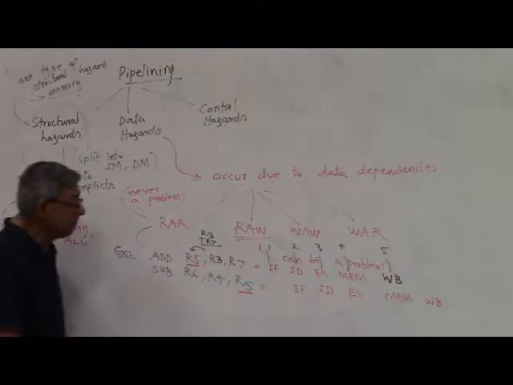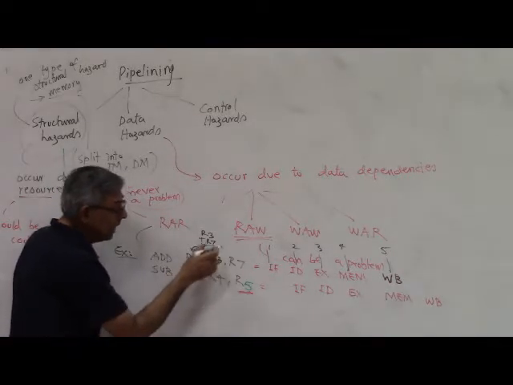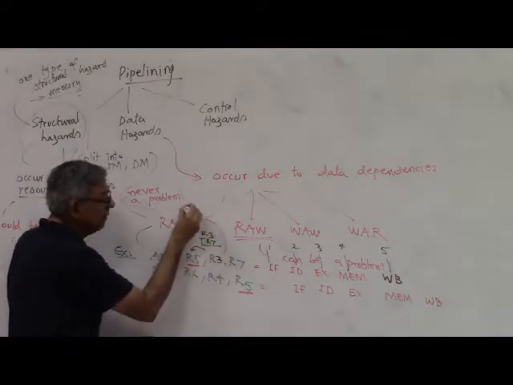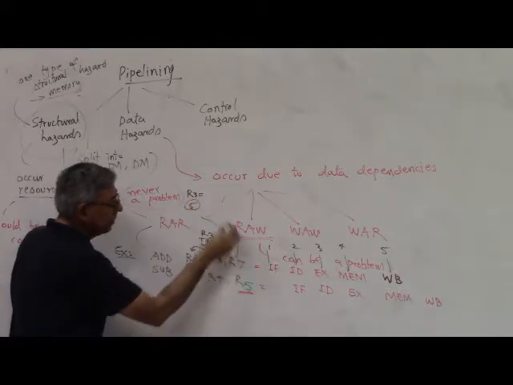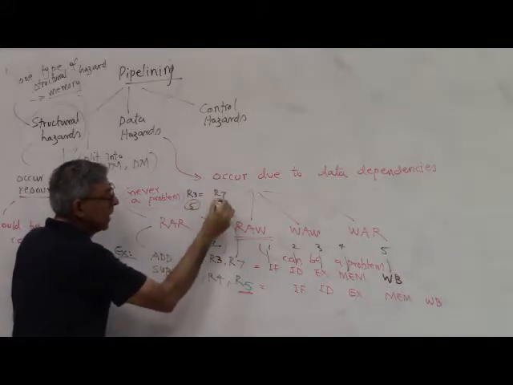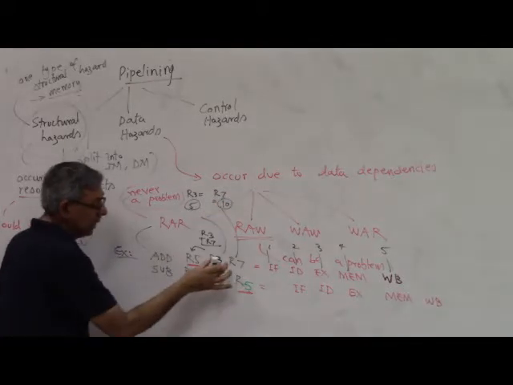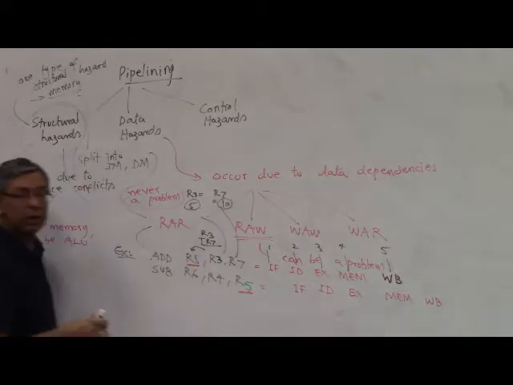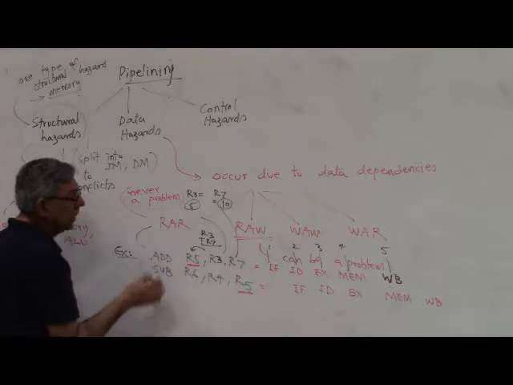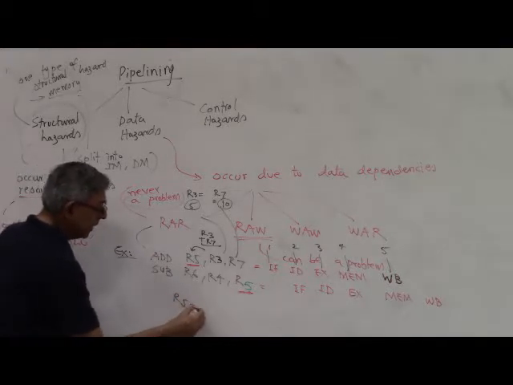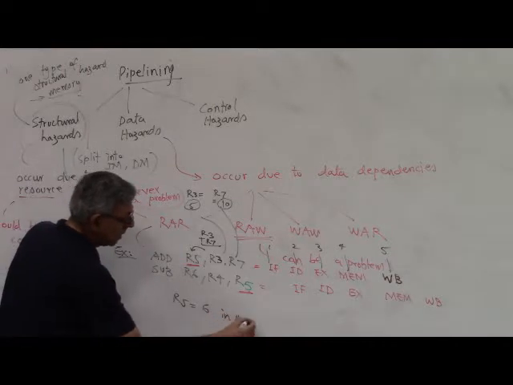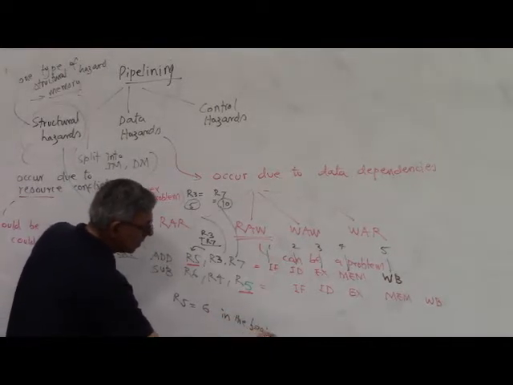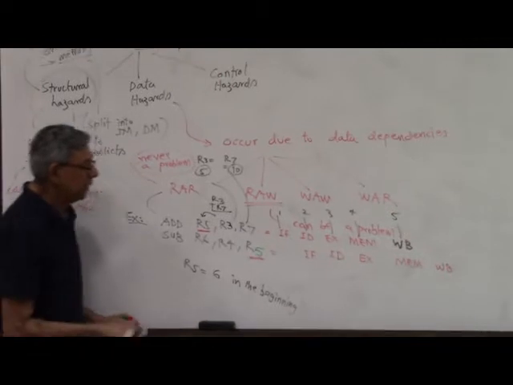Suppose R3 had the number 5 in it in the beginning. R7, let's pretend, had 10 in it, right? So you can see 15 will be written to R5. But let's pretend R5 had 6 in it in the beginning.